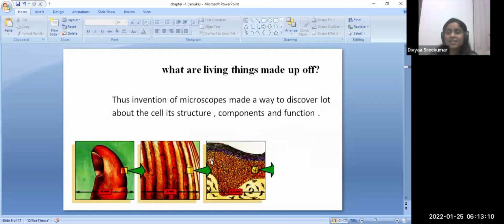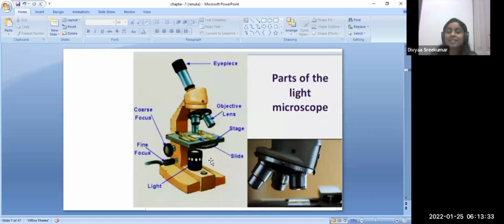You can see here a picture of a portion of the thumb, which is magnified using a hand lens, and then the same region under the microscope. Can you see millions and millions of cells arranged in a regular fashion there? This was visualized with the help of a microscope. How does a microscope look? Here it is. It contains different parts.